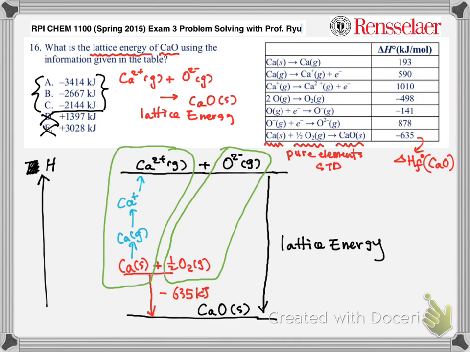The sublimation is 193. Then this is losing one electron, so that's 590. And this is 1110. So now we have generated calcium 2+.